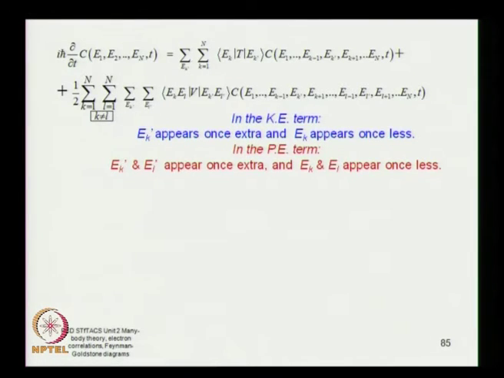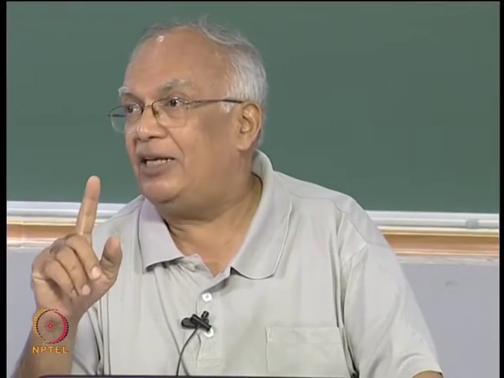subject to the consideration that Ek prime appears once extra in the kinetic energy term, and in the potential energy term Ek prime and El prime appear once extra, but Ek and El appear once less. So, with reference to this, if you now rewrite the same expression, but instead of the coefficient C, we will now rewrite this expression for the coefficient F, which is completely equivalent.